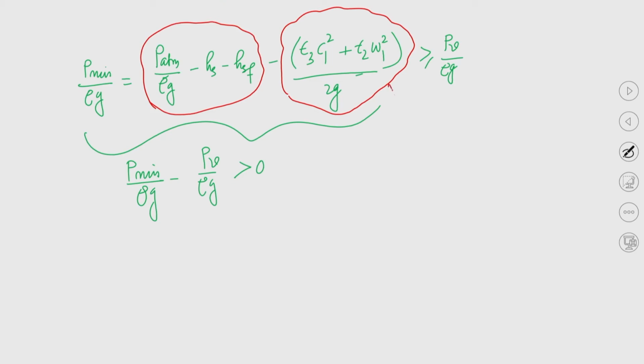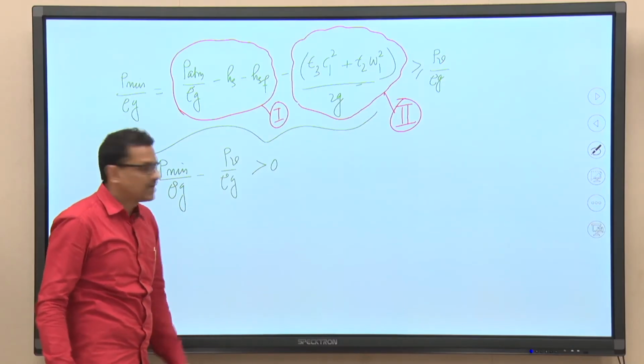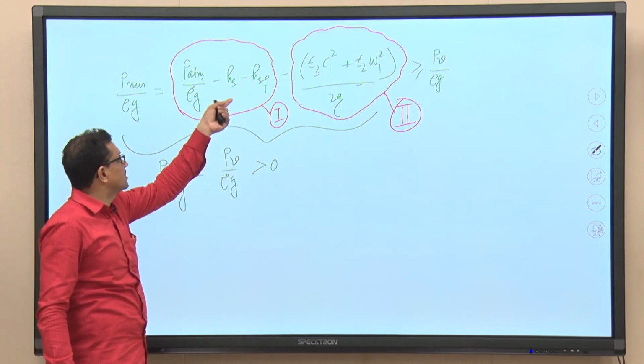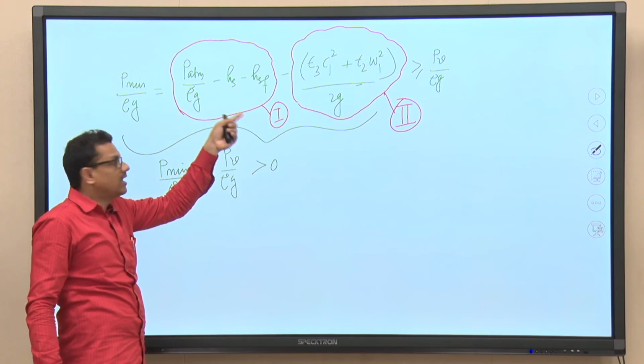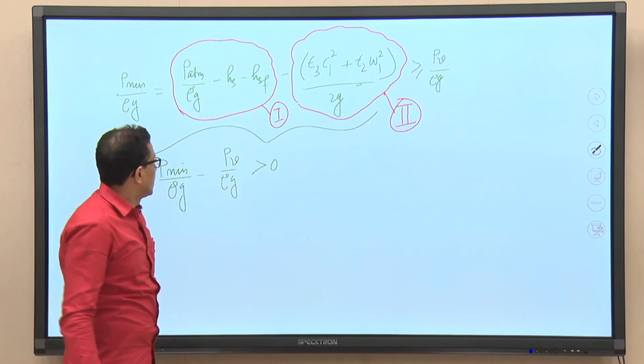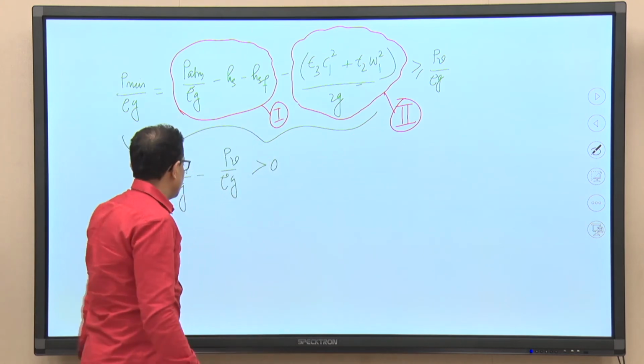So, I give the names: this is term 2 and this is term 1. If we collect these first 3 terms together and call them term 1, what does it indicate?